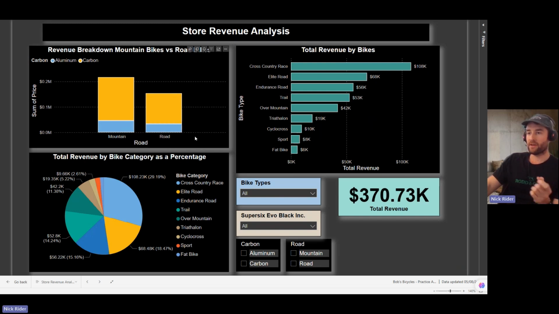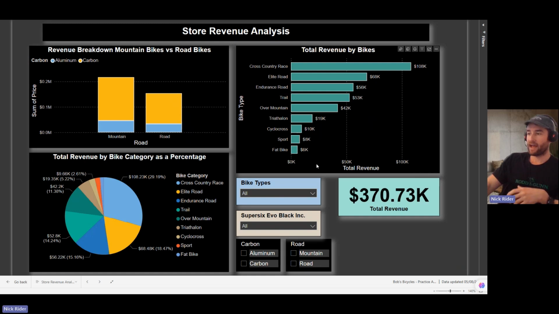Now, as we can see here, his total revenue for this particular store that I'm analysing for him, it's 370.73K total revenue for a calendar year. And we can see the breakdown here of the two sectors.